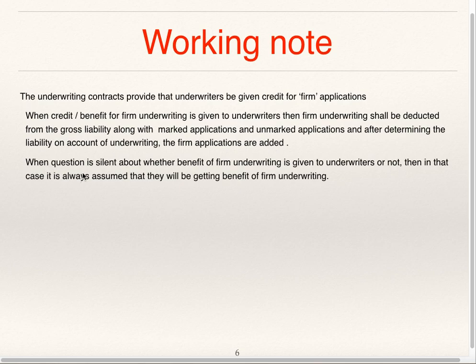When the question is silent about whether benefit of firm underwriting is given to underwriters or not, then it is always assumed that they will be getting benefit of firm underwriting. In the absence of any information, always assume that underwriters are getting credit for firm application.